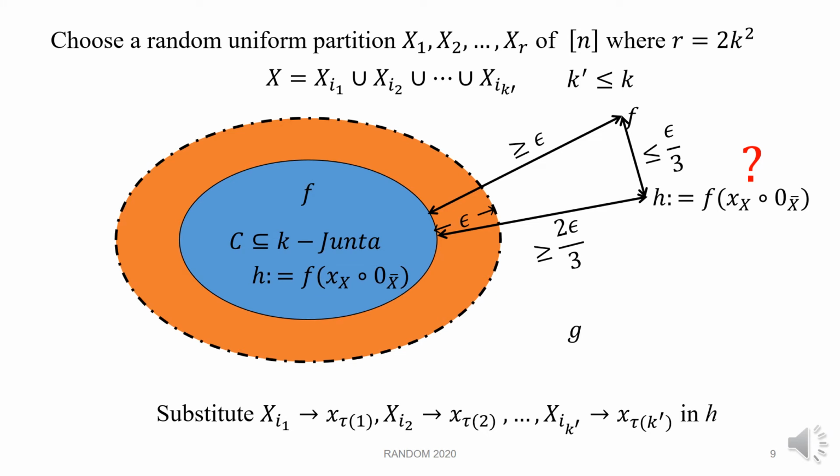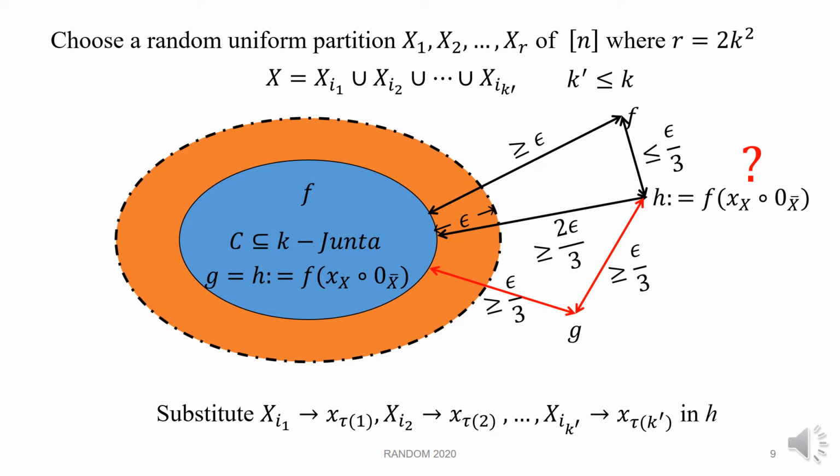With this substitution, we get a function g. If h is in C, we said that each set depends on one coordinate, and now we substitute the variables that correspond to this coordinate to all the variables in the set. So we get g equal to h. If h is 2 epsilon over 3 far from C, then either h is epsilon over 3 far from g with respect to d, or g is epsilon over 3 far from C with respect to d. So we can do two tests.